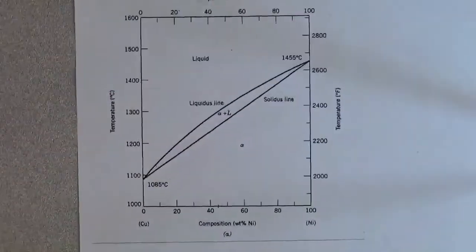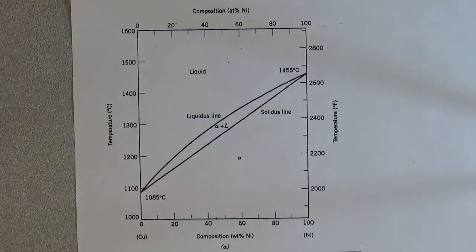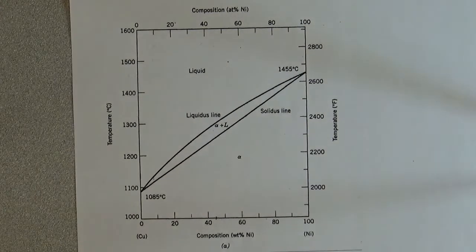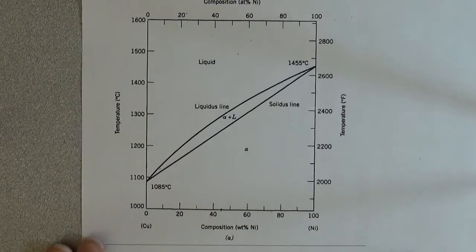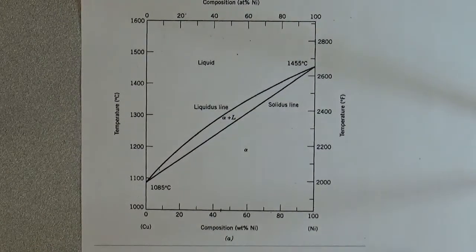I wanted to go through an example of reading a phase diagram, and I think that I went through one in class, and I want to go through another example here. So this is an isomorphous binary compound.